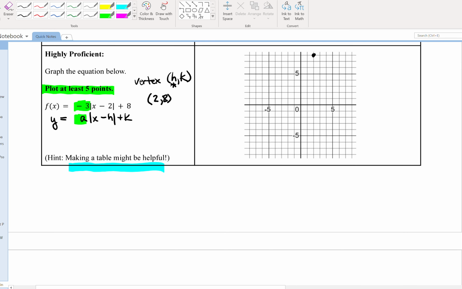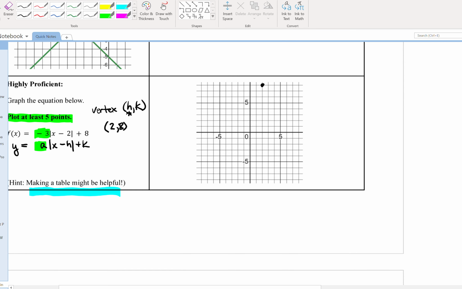So if I want to combine this and make a table of values, let me come over here and copy this real quick. y equals -3, absolute value x minus 2, and then plus 8.